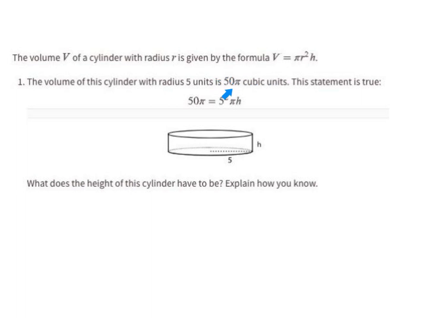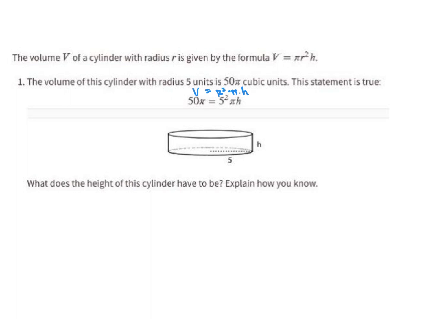This 50 pi is another way of showing our volume without having the decimals, because they have it multiplied in the pi. They put it together for us. This is our volume, this is our radius squared times pi times height.